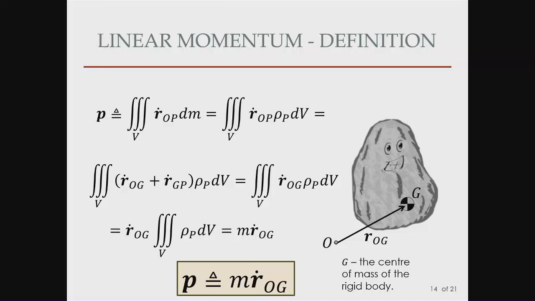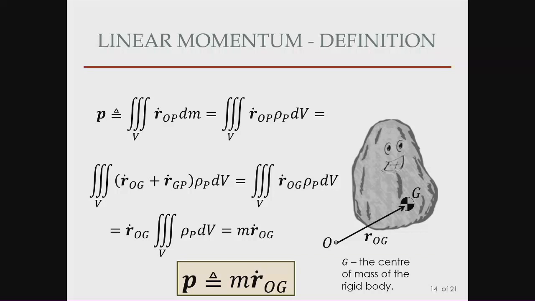So this is the slide we were dealing with. So let's say this is point G. So this vector is simply this plus this: OG plus GP.